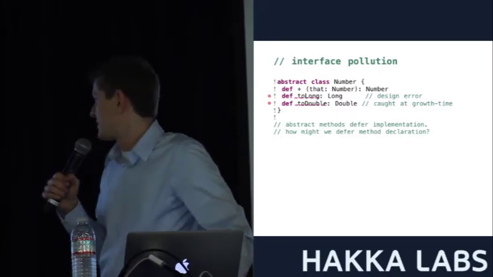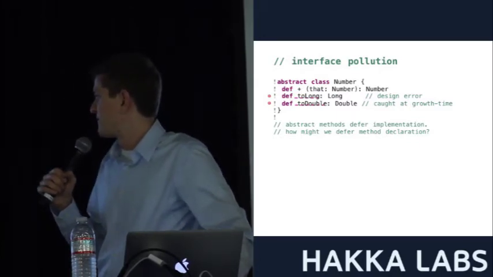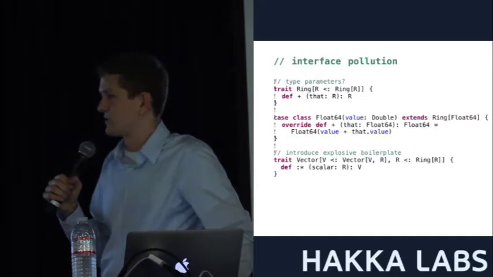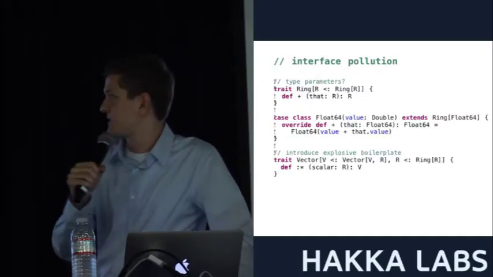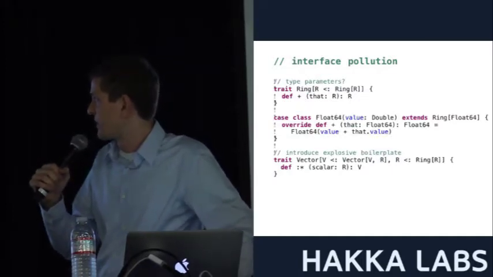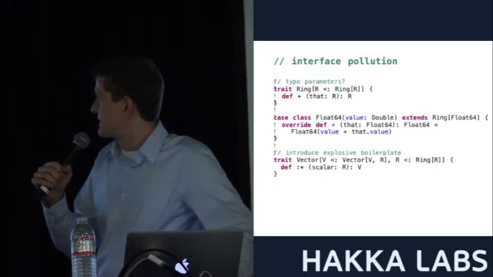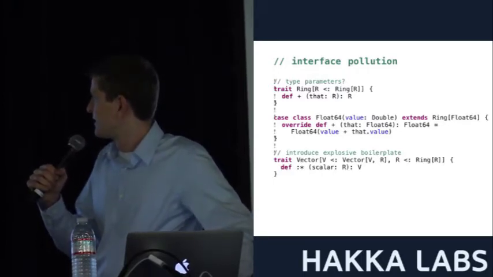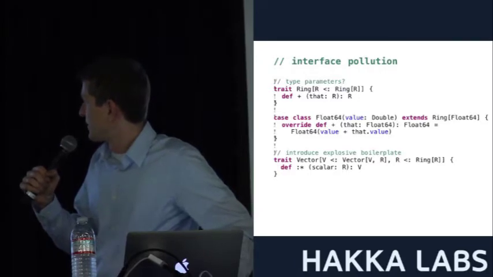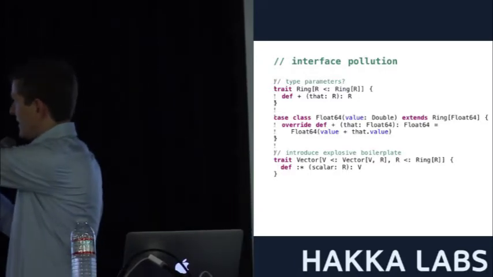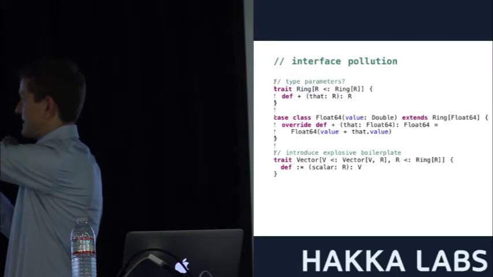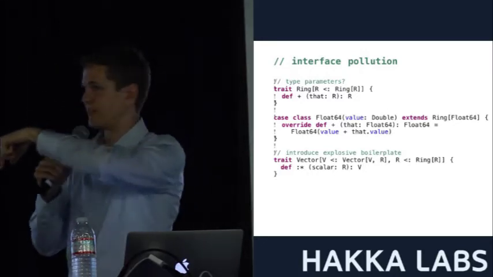So one approach, which is really the generic Java approach taken by JScience, which is an interesting library that models numbers, is to use these kind of cyclic type parameters, where, hey, we've got a ring here that's parameterized with itself, or with some subtype of itself.